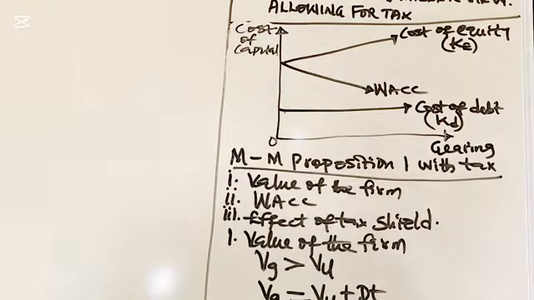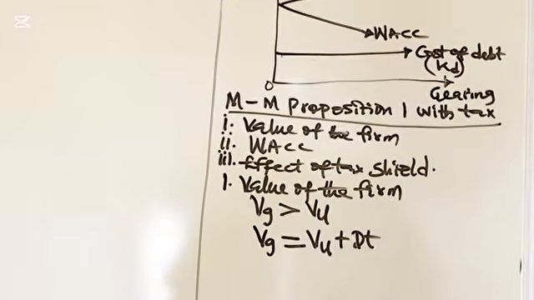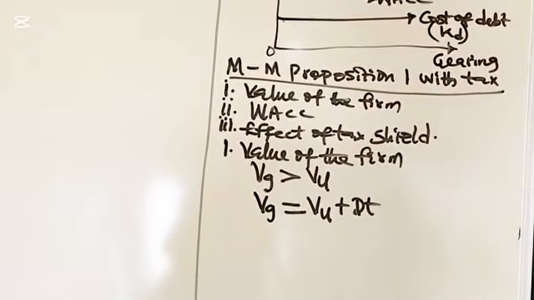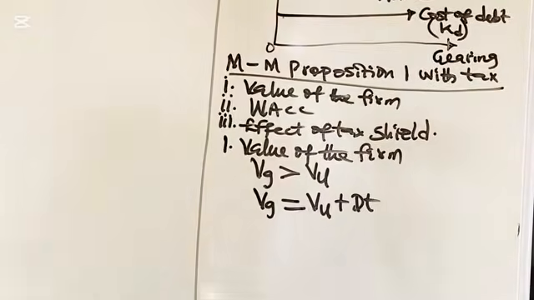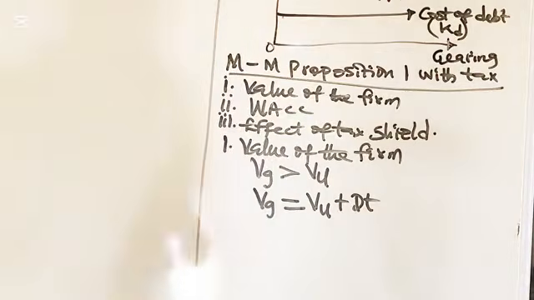I've told you that in accordance with M&M Proposition 1, the value of a geared company will be greater than the value of an ungeared company.